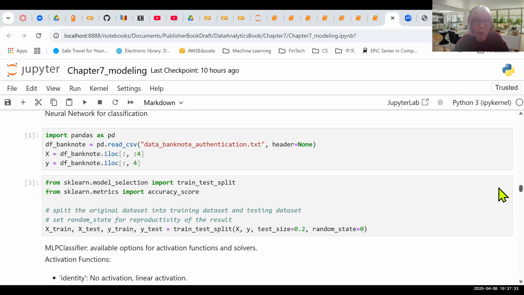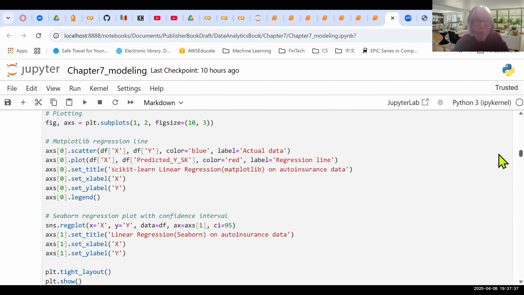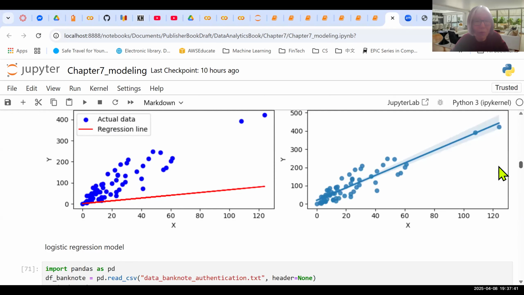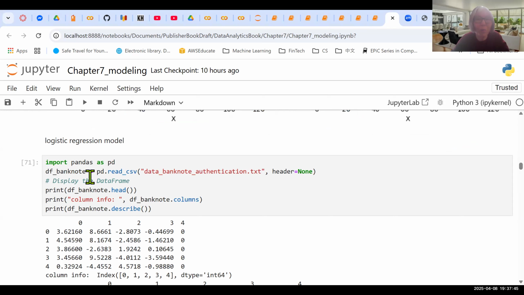For the coding, this is the master class. Today we will start with logistic regression. For the logistic regression over here, we will use this data set, the data bank authentication. It's also a CSV file.